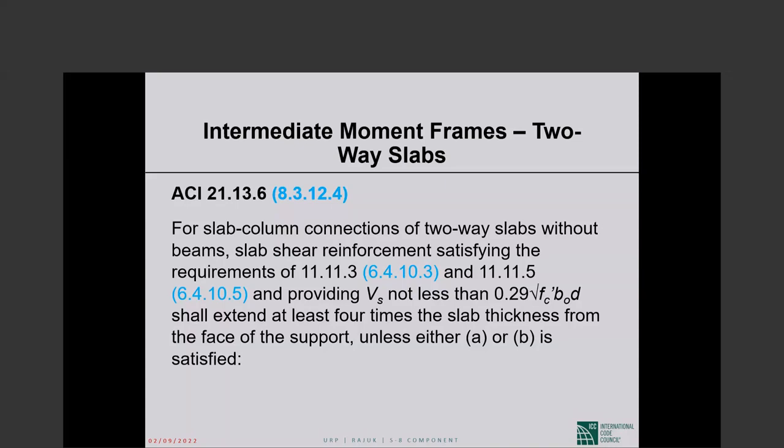It shall be deemed to be satisfied if you throw in a prescribed amount of punching shear reinforcement at every slab column joint. Okay. So deformation compatibility, which you are not checking anyway, shall be deemed to be satisfied if you provide at every slab column joint a prescribed amount of punching shear reinforcement.